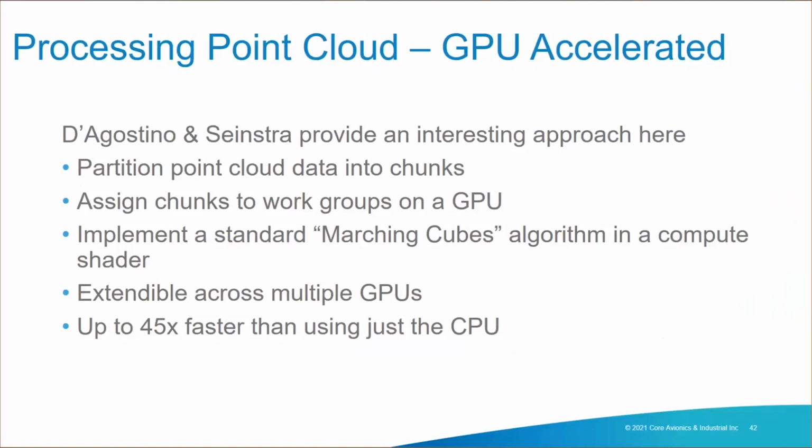And then you'll assign these chunks to work groups on the GPU and implement a standard marching cubes algorithm in the compute shader that takes advantage of the vector processing operations available on the GPU to accelerate it slightly, and then do this partitioned parallel computation where each work group on the GPU is working on building up the surface for that entire partition chunk.